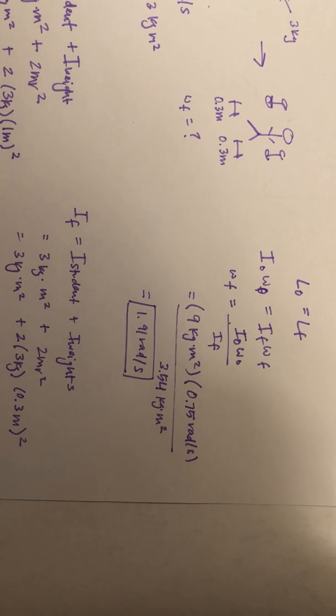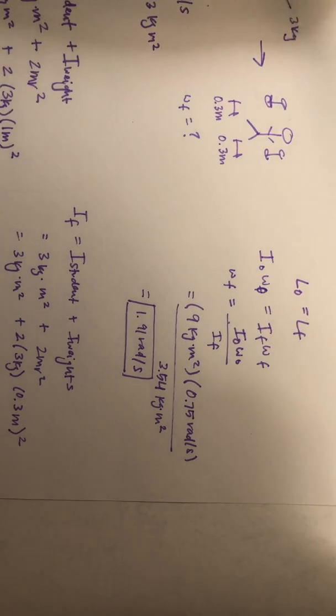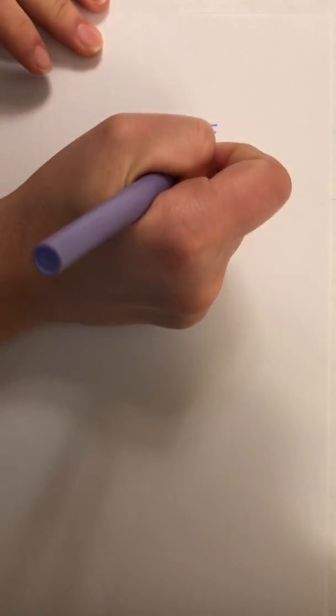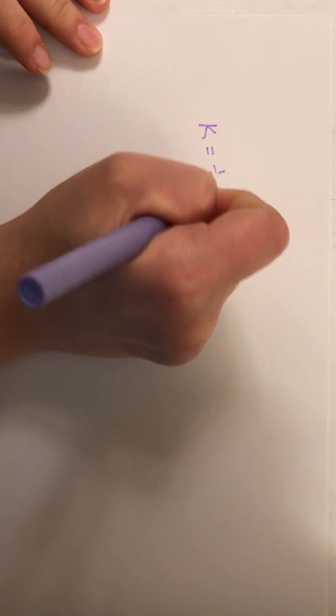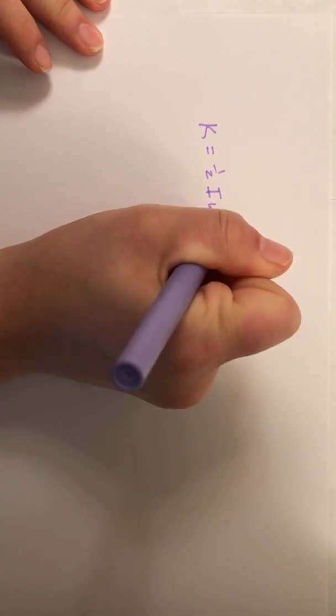Okay, so for part B of the problem, find the kinetic energy of the rotating system before and after the student pulls the dumbbells inward. The kinetic energy can be found using kinetic energy equals 1/2 moment of inertia times angular speed squared.